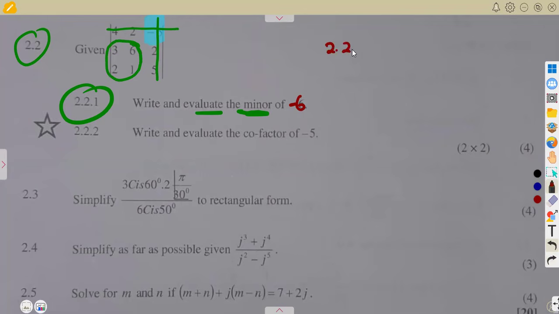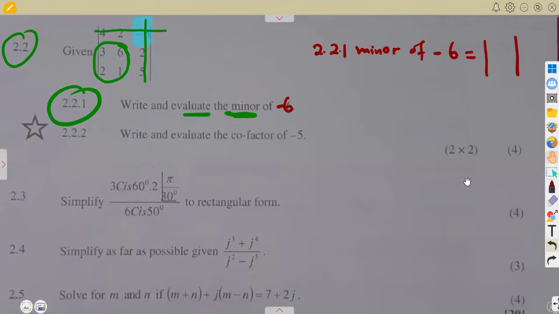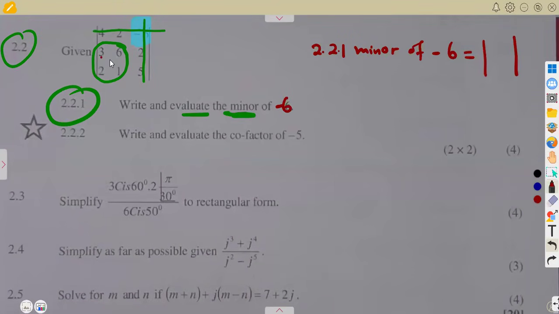The determinant of that is the minor of what? Of negative 6. So the minor of negative 6 was supposed to be equal to the determinant that you obtain if you close. As you can see, we are remaining with 3, 6, 2, and 1. So that's how you determine the minor.